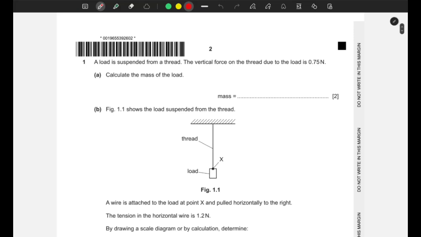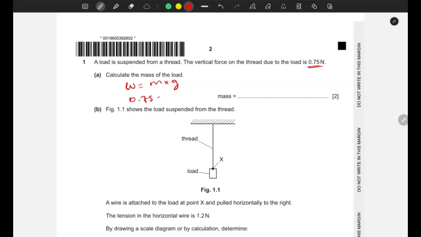A load is suspended from a thread. The vertical force on the thread due to the load is 0.75 newtons. Calculate the mass of the load. So, mass, we know that weight equals mass times gravity. Since gravity is 9.81, we have the weight, which is 0.75.